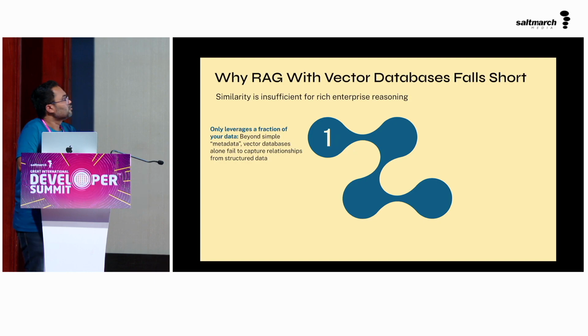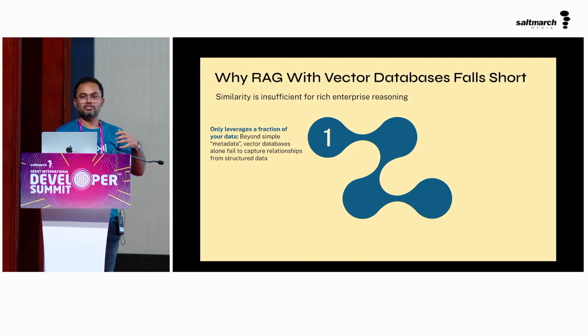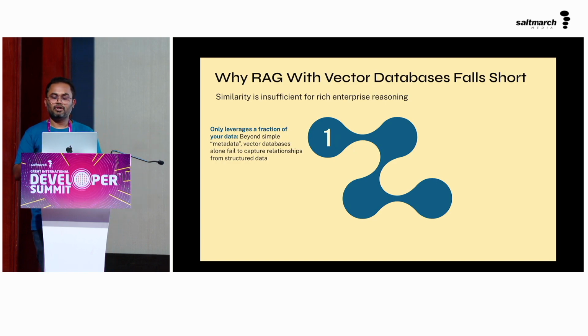So vector database can only leverage a fraction of your data, because you cannot put all your data within the embeddings, because vector database in the end only performs the embedding search, so you can only leverage a fraction of data. And because it only leverages certain data, it fails to capture the relationship, and once you implement RAG with vector DB, you need to compromise with the quality and the effectiveness of your LLM application.